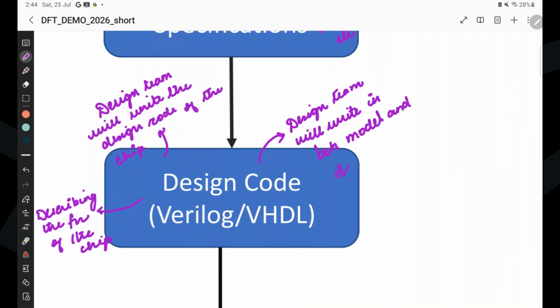So the design team will write the design code of the chip in behavioral model and data flow level model, describing the functionality of the chip.